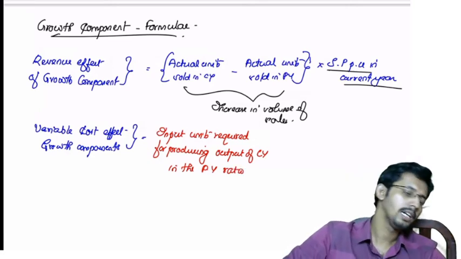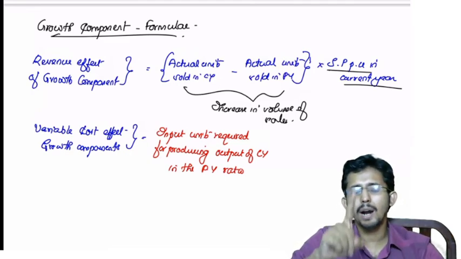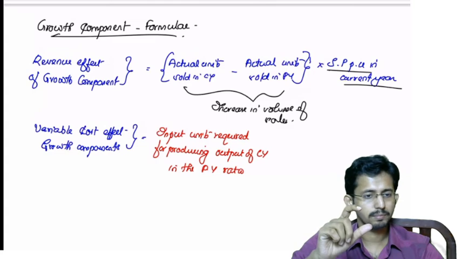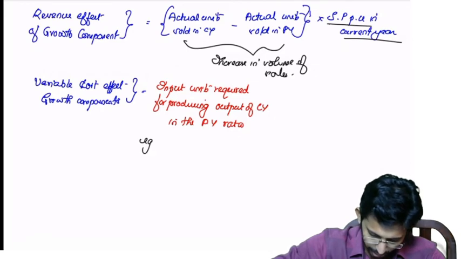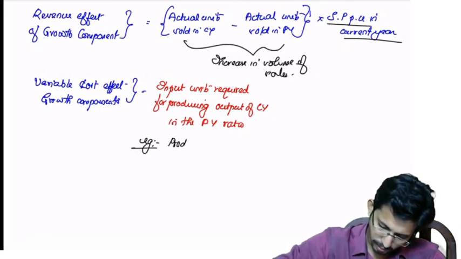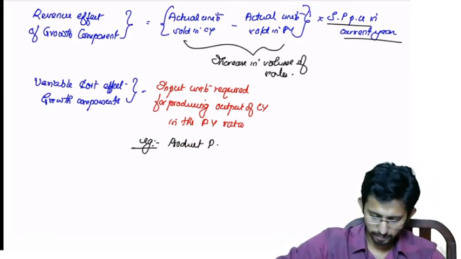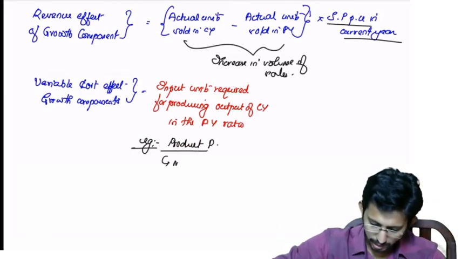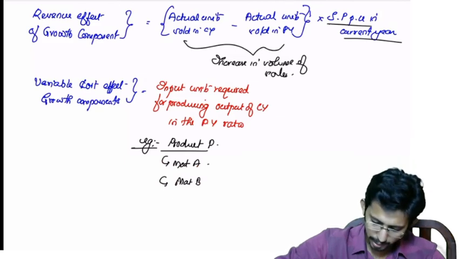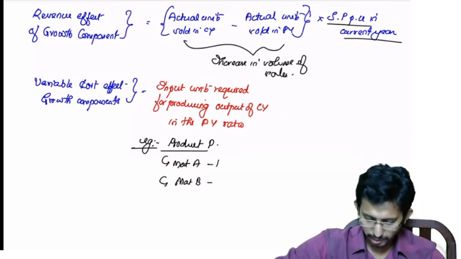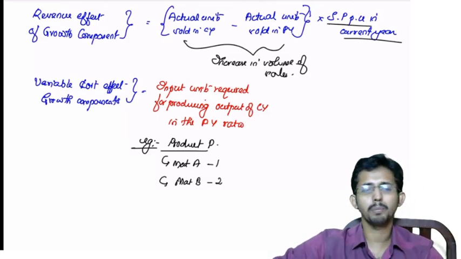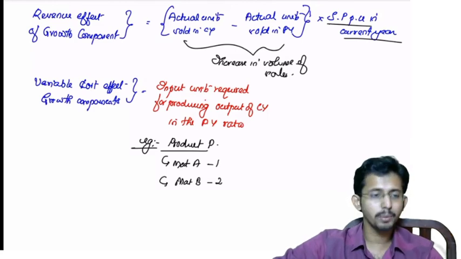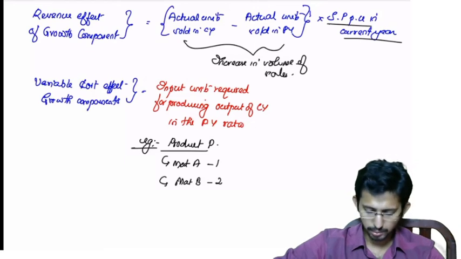That means, if in the previous year you required, let us say for example, product P as the output, it requires material A and material B. For 1 unit of P, you require 1 unit of A and 2 units of B. This is what is known as the input output ratio.